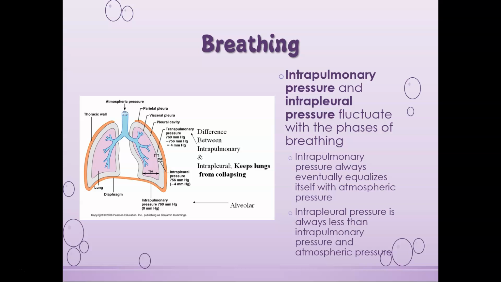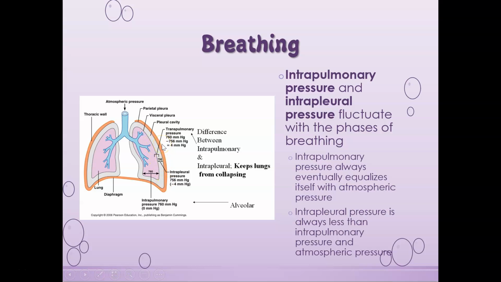So what you're really doing is a constant give and take between your intrapulmonary pressure and your intrapleural pressure. When we look at your lungs here, we talk about your pleural cavity, the cavity that your lungs sit in. And there's pleural pressure between the lungs themselves and this space.